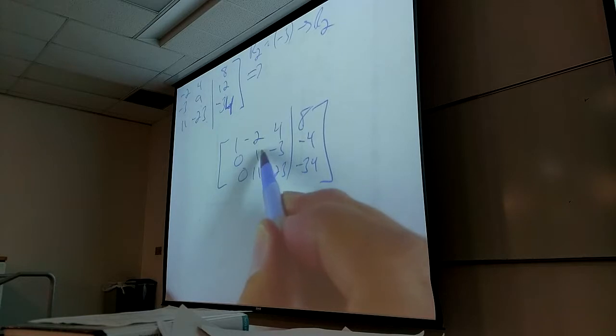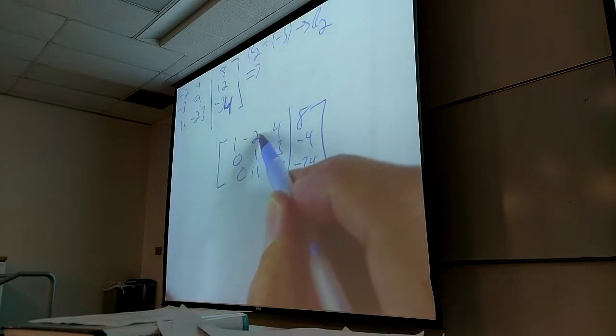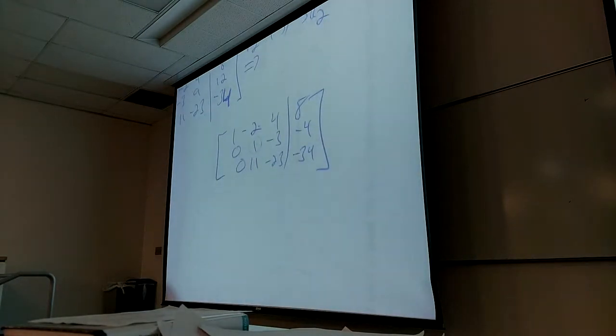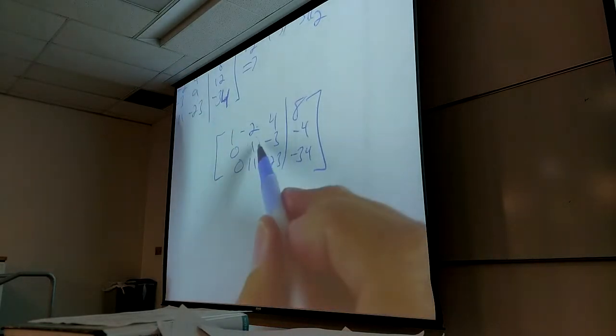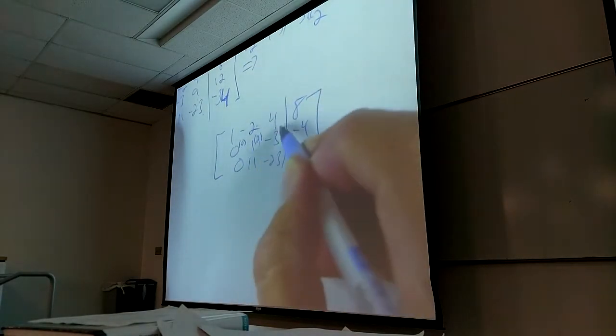And now in my second column, I got this beautiful one right in the right place. It's kind of lucky. But then I can use this one to kill that, right? I'm going to speed up a little bit. Let me know if I'm going too fast. Once you do a column, you do the same thing. So here, I'm going to multiply this by 2 to kill the 2 here.